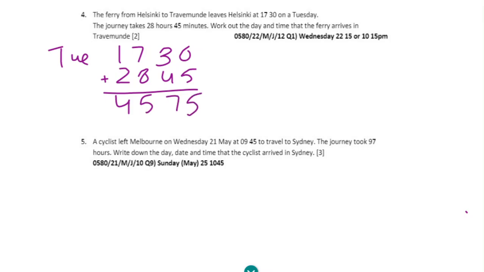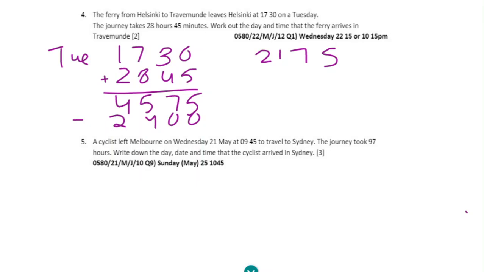Now this time is not making any sense even in the 24-hour clock, so subtract 24 from it. Since it's gone into Wednesday or Thursday, so subtract 24 hours from it, and let's see what we get. When we subtract 24 hours from it, we get 21:75. So that means we've just moved from Tuesday to Wednesday.